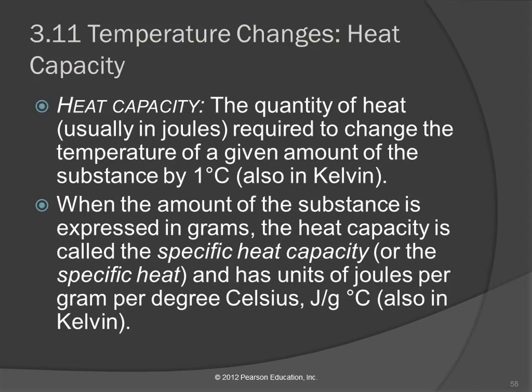Temperature changes. Heat capacity. Heat capacity is the quantity of heat needed to change the temperature of something by 1 degree Celsius, which would be the same as Kelvin, but we rarely use Kelvin for this. For a given amount.